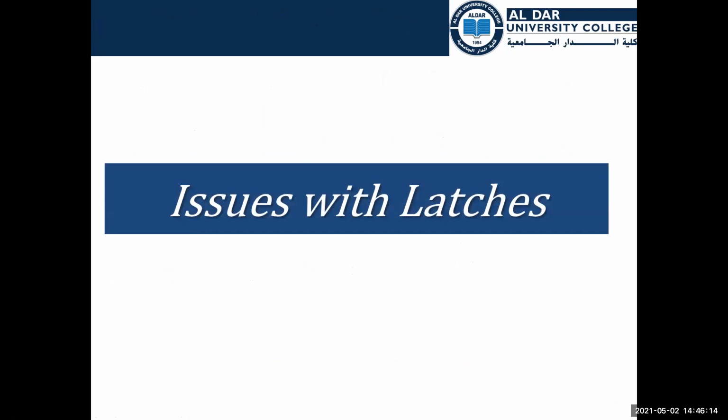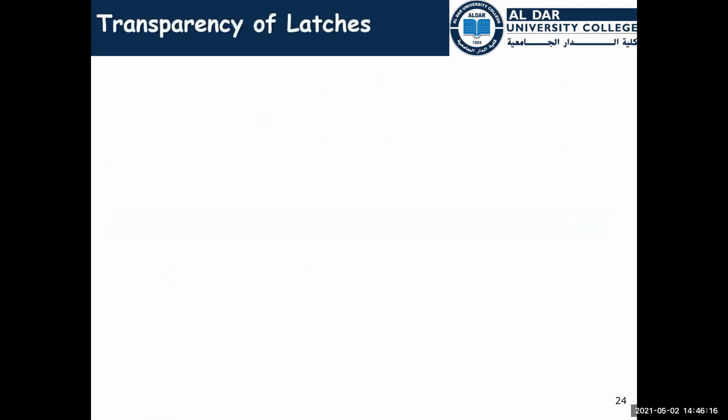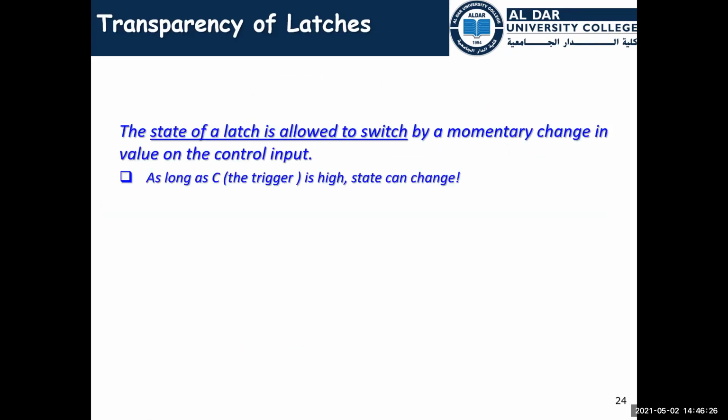Issues with latches. We have some issues with latches. We should understand the problems that happen with latches. The transparency of latches. What is the transparency of latches? The state of latches is allowed to switch by a momentary change in values on the control input.